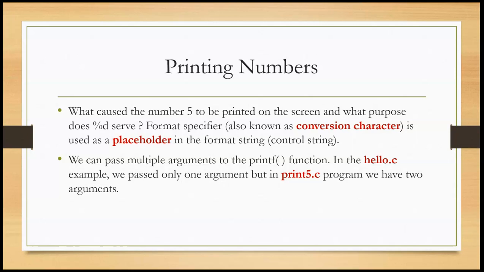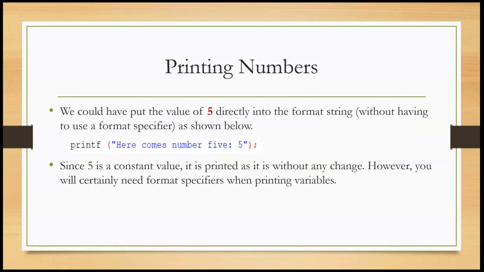We can pass multiple arguments to the printf function. In the hello.c example, we passed only one argument, but in the print5.c program, we have two arguments. We could have put the value 5 directly into the format string without having to use a format specifier, as shown below.